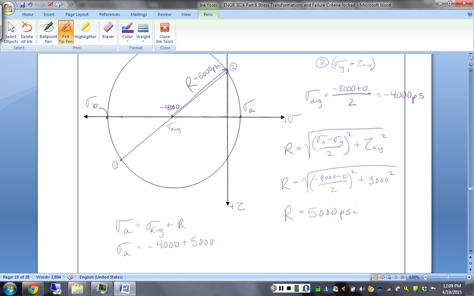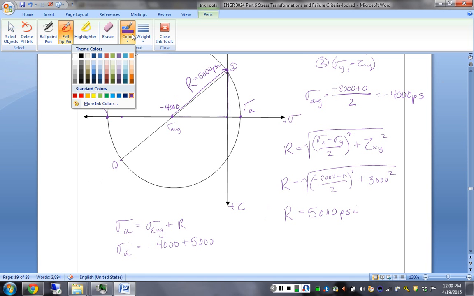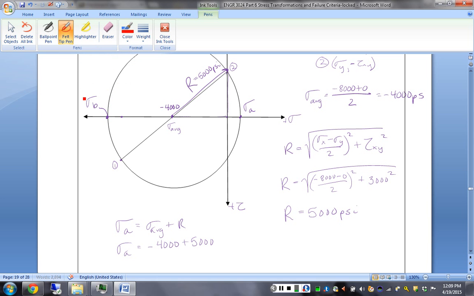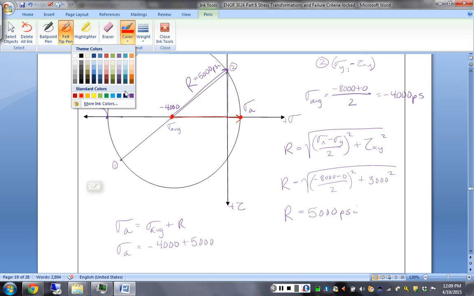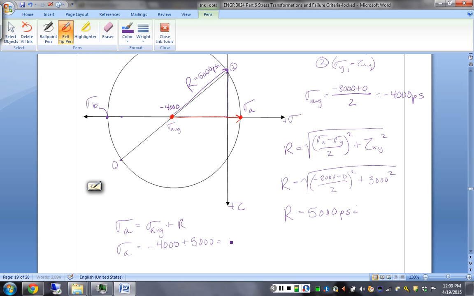And looking at that graphically in red, you see we start at the average normal stress and we go a positive distance equal to the radius of the circle, and we end up at sigma A. So that ends up being plus 1,000 psi.